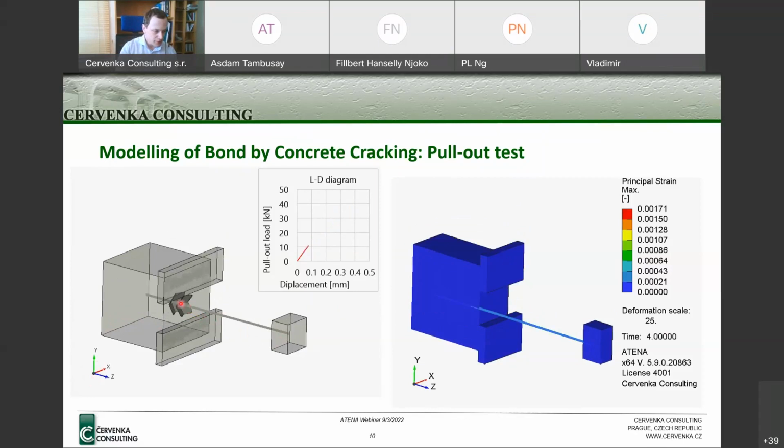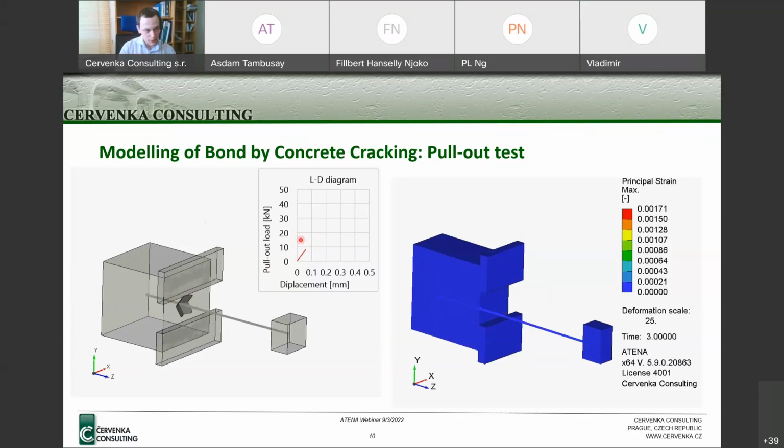Firstly, some cracks form around the bar, and then a splitting failure mode occurs, with formation of a continuous crack along the reinforcement.